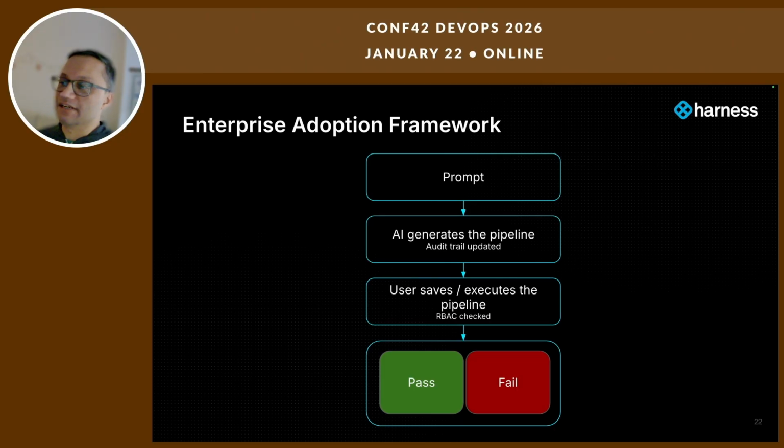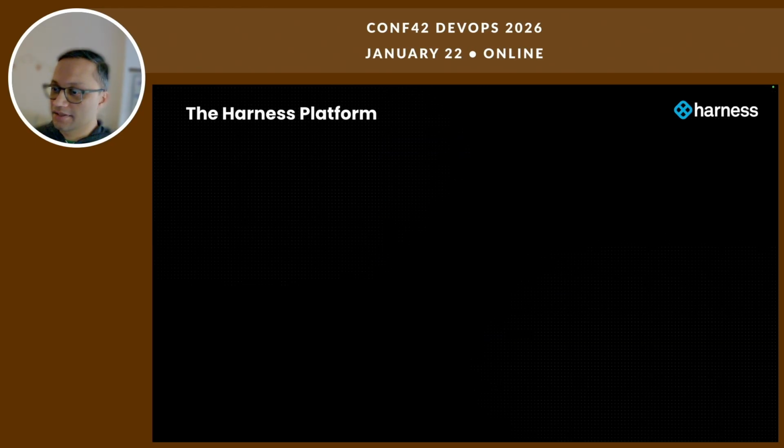Real-time feedback is then given back to the user so that they can modify the pipeline or involve the necessary people to make sure that this pipeline executes. This is a very simplistic framework that we have seen a lot of our customers use and scale their AI. Let's look at an example of how we have implemented enterprise-ready CI/CD pipeline creation.